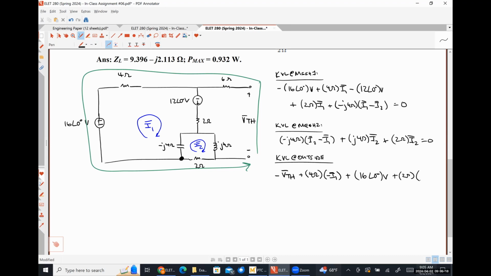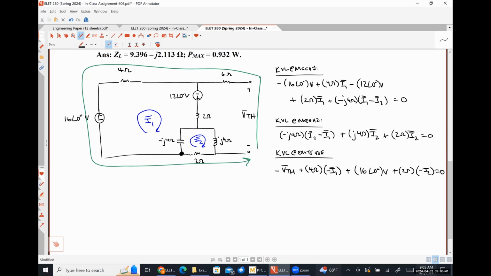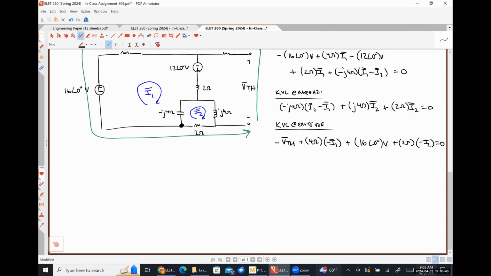Negative I2, because positive I2 is flowing from right to left, negative I2 is flowing from left to right. So I'm just following the direction of that green arrow. So negative I2, set that equal to 0. So we could throw all that into our computer algebra tool like MathCAD or whatever to solve for VTH, right? 3 equations, 3 unknowns. Okay, so I'll leave that for you guys to do.